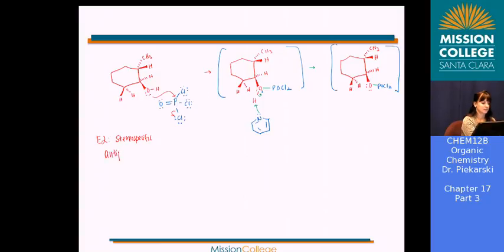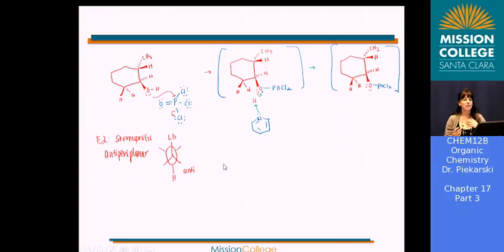Anti-periplanar. What we mean by anti-periplanar is that if we had, for example, an open chain structure, then the leaving group and the proton that's being deprotonated, removed, need to be anti with respect to each other.